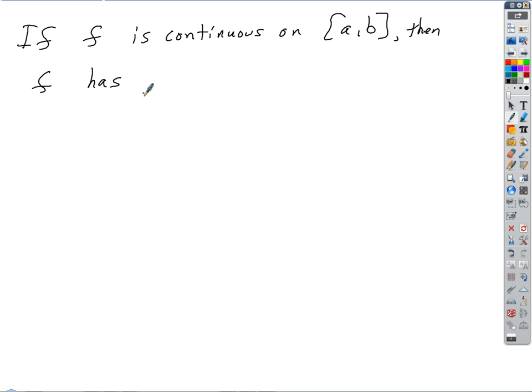Okay, think about this for a second. So if f is continuous on the, what kind of interval is that? Closed or open? Closed. So it includes the endpoints. On the closed interval from A to B, then f has what? Well, maybe not one, but it's guaranteed to have what? Well, it's guaranteed that it's going to have, and this is just the extreme value theorem, both a minimum and a maximum, and maybe multiple, right?